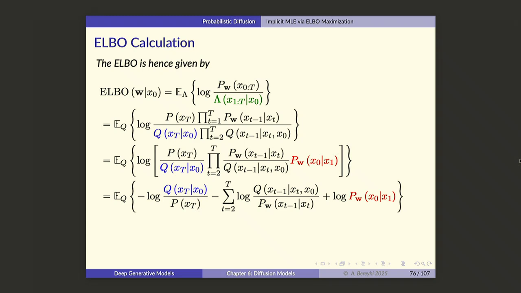Everybody's cool with that? So log of P over Q is going to be minus log of Q over P, right? Again, I have from 2 to t different fractions, all of them P by Q, so I'm going to write it down as minus logarithm of Q by P, and then the product is going to change into a summation, right? And the last term is again plus the logarithm of this term. Everybody's cool?